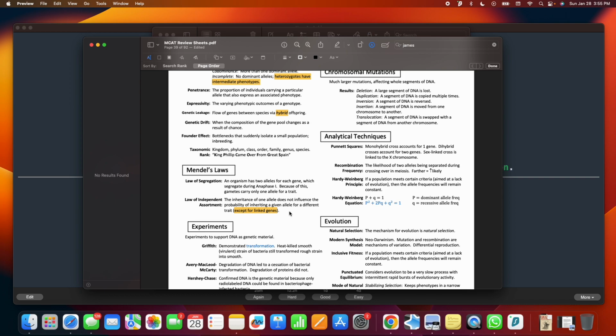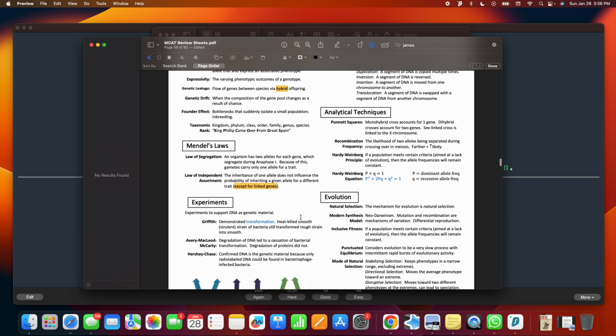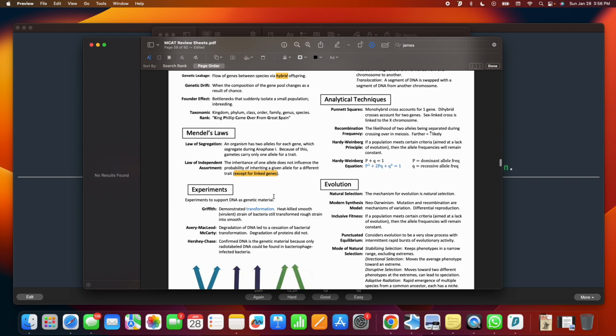Probably this relates to the Hardy-Weinberg equation as well. That's when you are having independent assortment, right? And there's an exception, which is linked genes. It means that these two genes are actually linked together. That's why this happens.